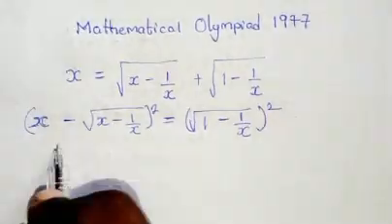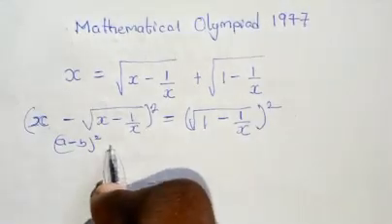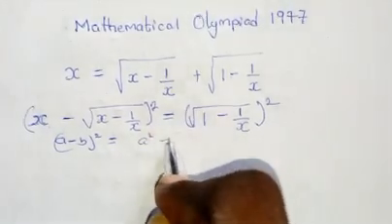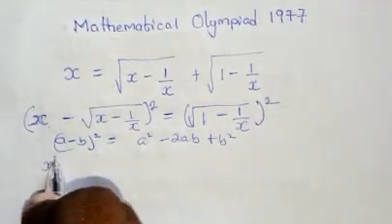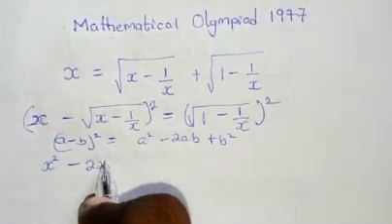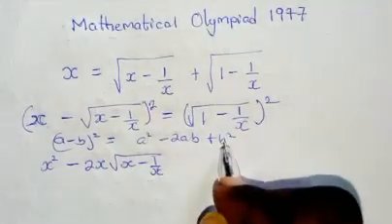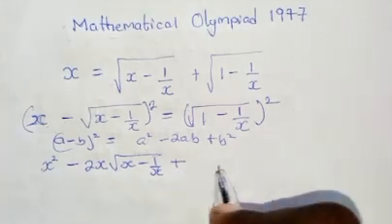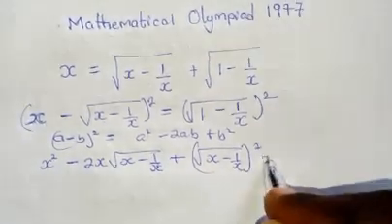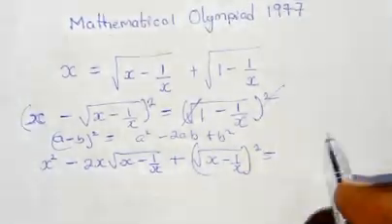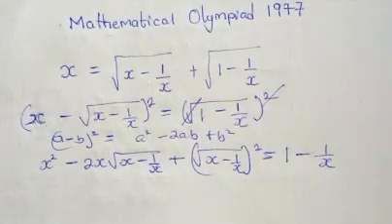Now, using this algebra property, when you are to solve something like this, a minus b all raised to the power of 2 is equals to a squared minus 2ab plus b squared. So here now we have x squared minus 2x root x minus 1 over x, and here we are going to have plus root x minus 1 over x all raised to the power of 2 is equals to, here now the root cancels the power, so you are going to be having 1 minus 1 over x.